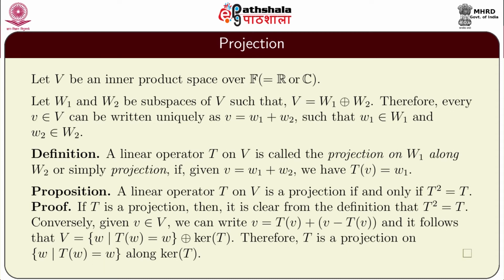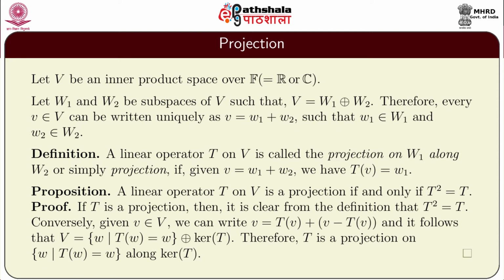Now, a very important property of a projection operator. The proposition says a linear operator T on V is a projection if and only if T square is equal to T. Proof. If T is a projection, then it is clear from the definition that T square is equal to T. Why is that so?